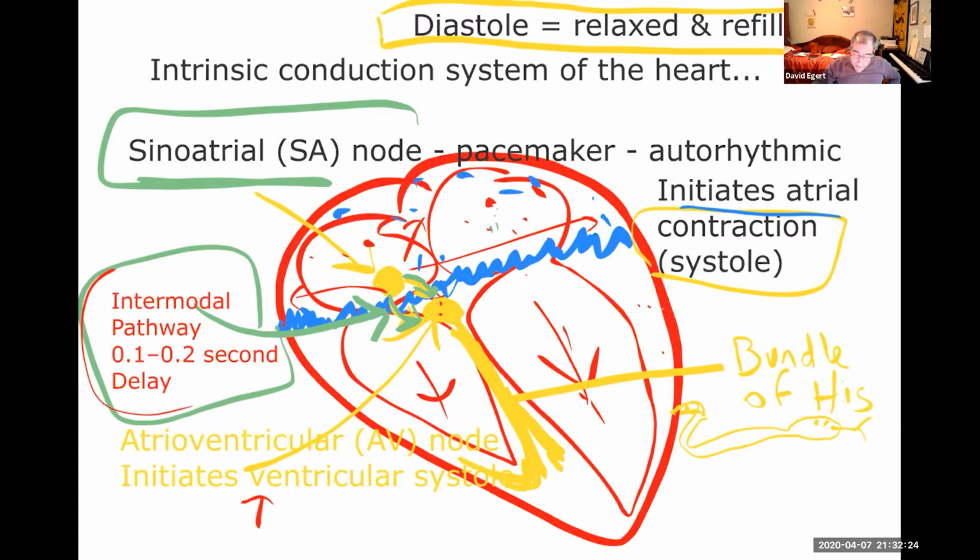It then separates into what we call the bundle branches, right and left bundle branches.